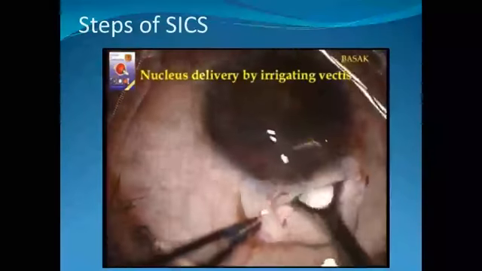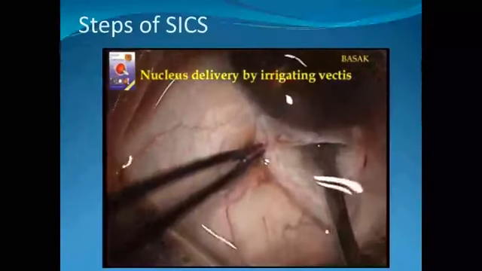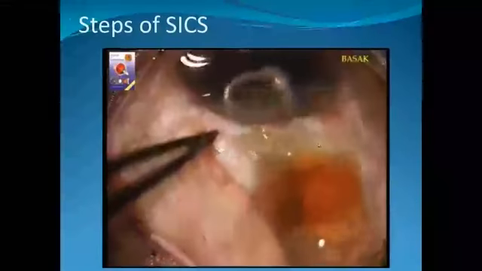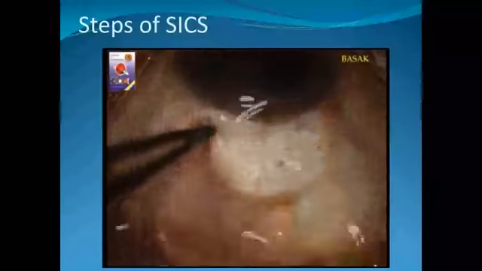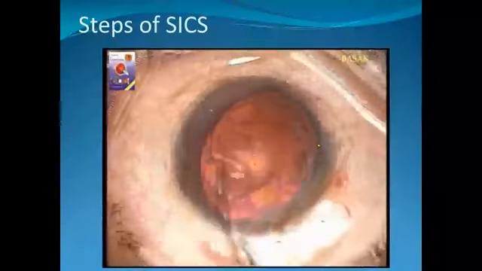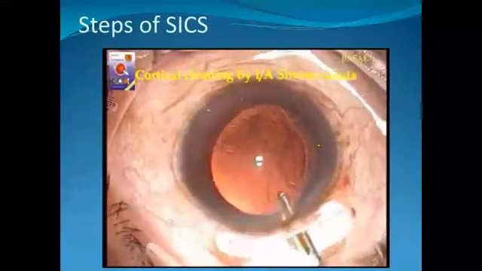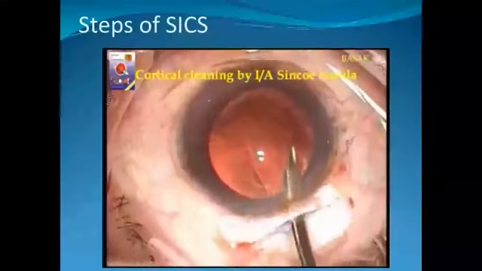This is the Vectis instrument to deliver the nucleus. This is the two-way irrigation aspiration cannula to wash out the cortical matter.